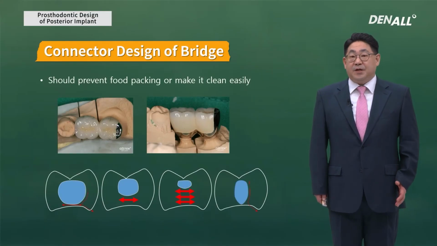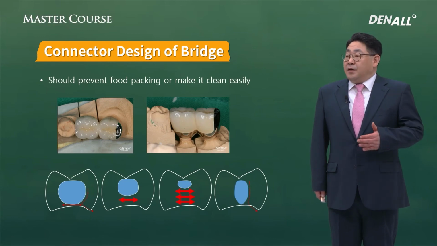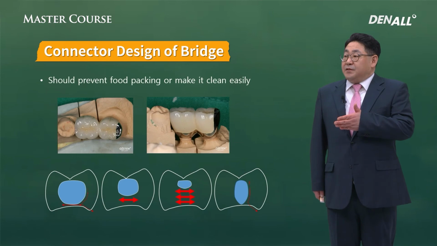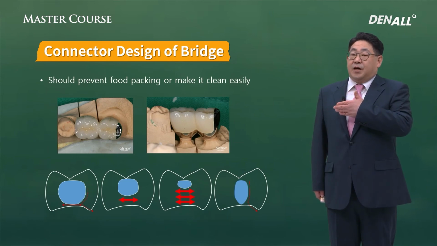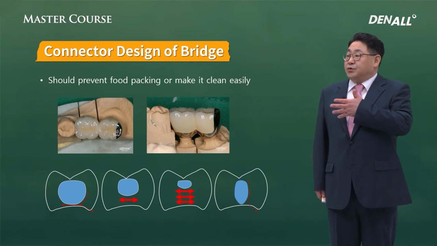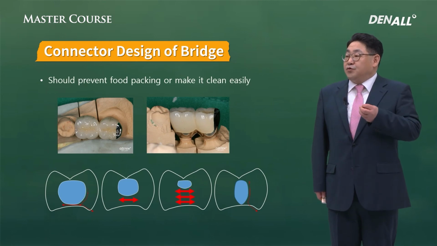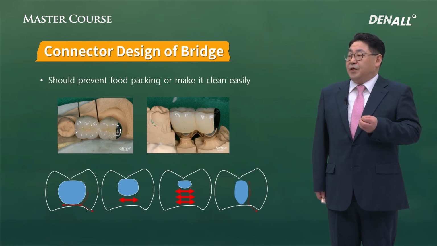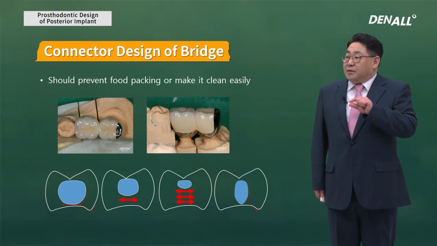Next, I'm going to talk about connector design. As shown in the diagram, there are multiple designs. If you look at the facet of the connector, it is very different from left to right. On the case of left, the characteristics you see is a thin and long path.